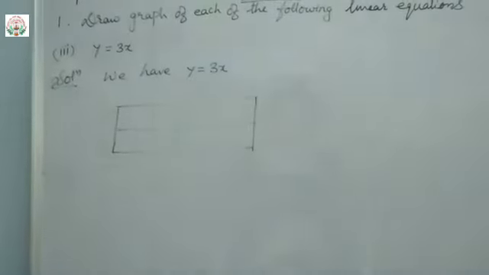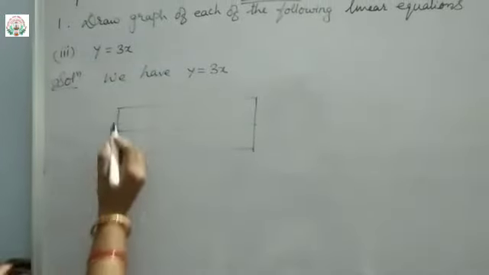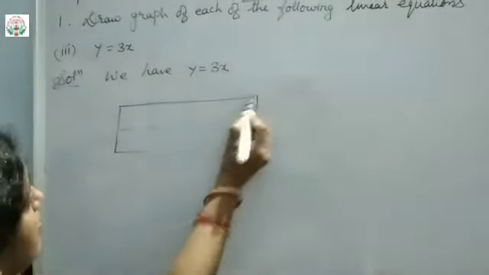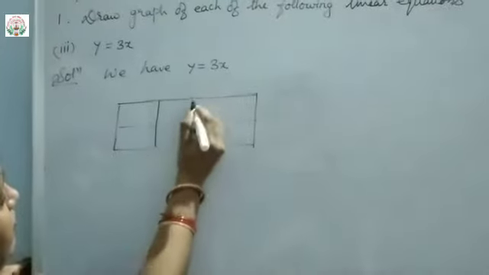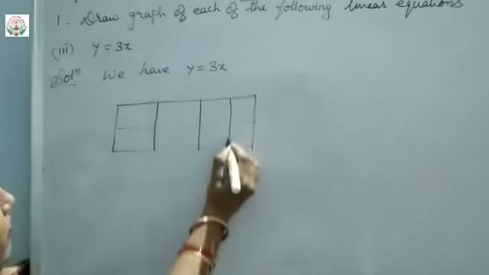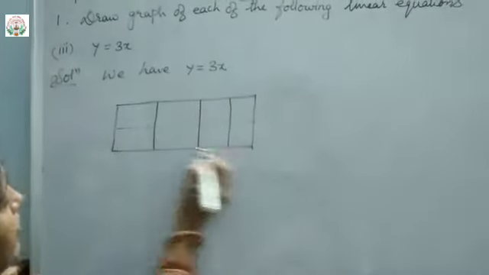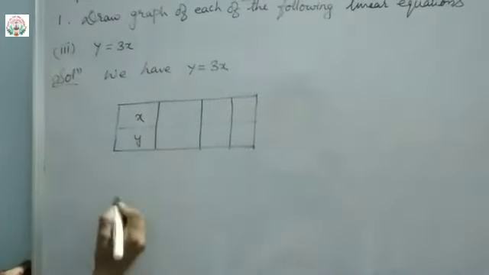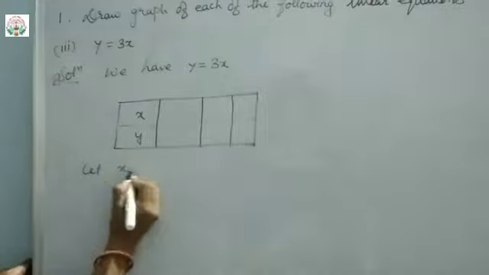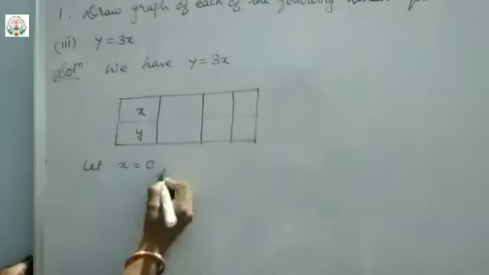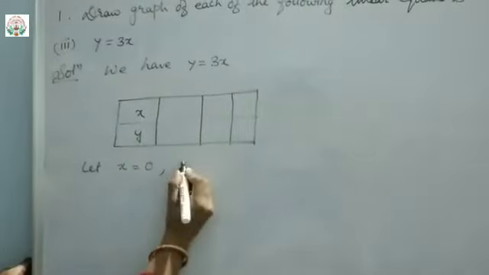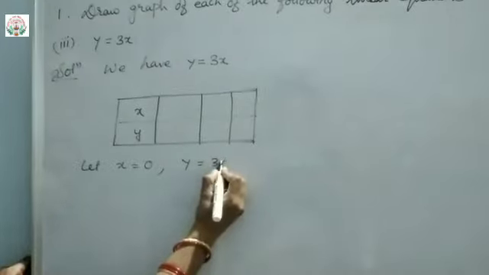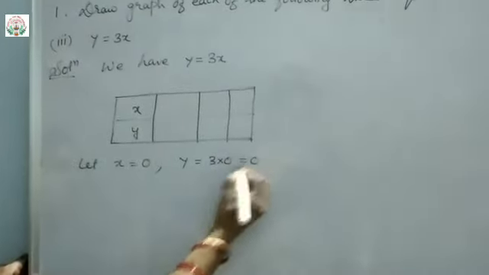Draw table for this. Here x value, here y value. Now assume values again. Let x equals to 0. If x is 0, what will be my y value? So y equals to 3 into 0 equals to 0.